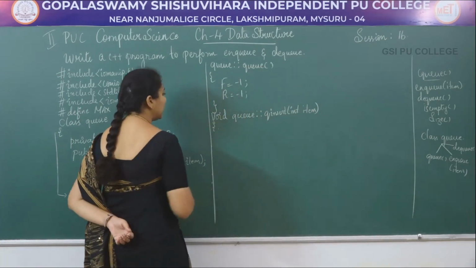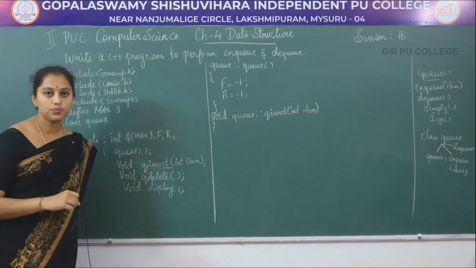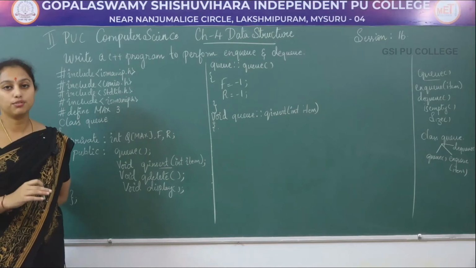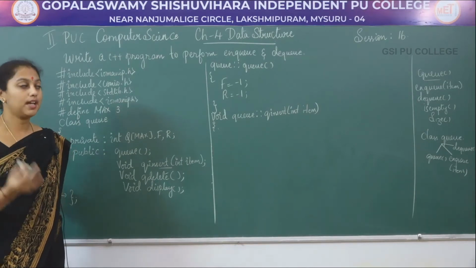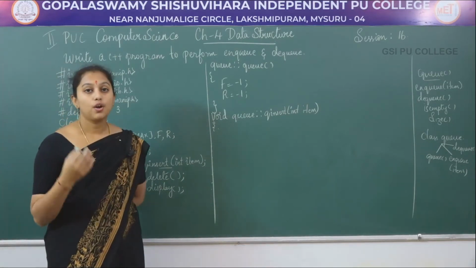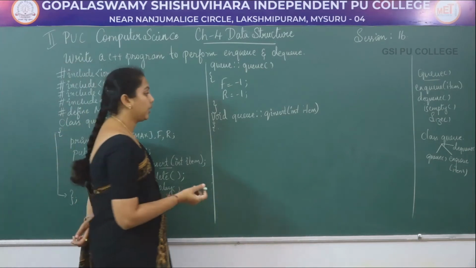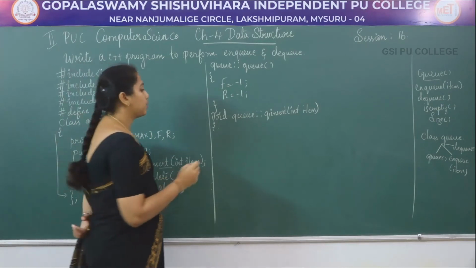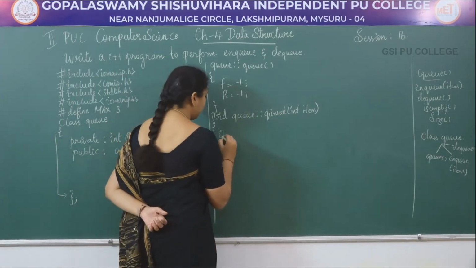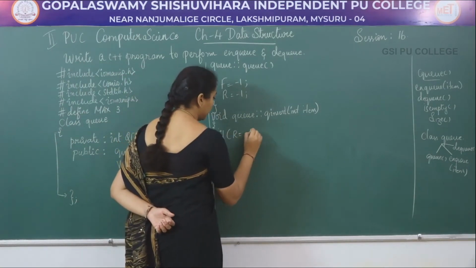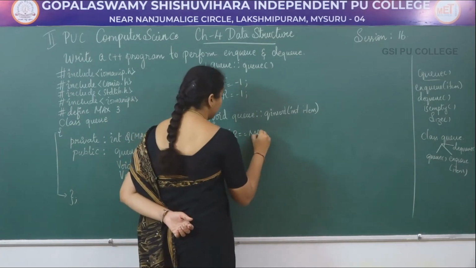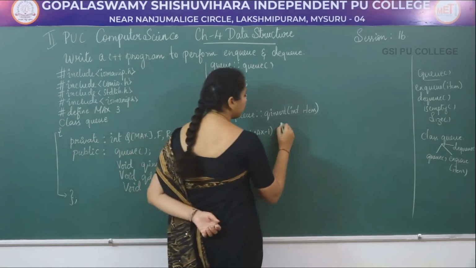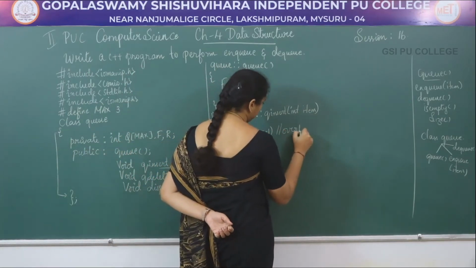While inserting an item into the queue, first we have to check whether it is in overflow state or not, that is, whether the queue is full or not. So for that we have to check for the condition: if rear is equal to max -1. Here we are checking for the overflow state.